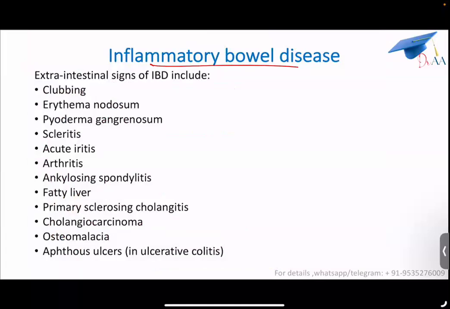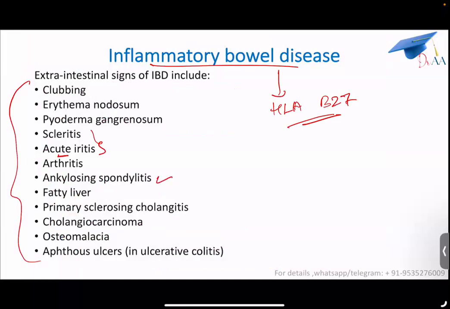Inflammatory bowel disease is associated with HLA-B27. It is a group of disorders. So inflammatory bowel disease can be associated with extraintestinal signs or HLA-B27 related diseases. Especially what you need to remember is the eyes, that is scleritis and uveitis, also known as acute iritis, and ankylosing spondylitis. These are the commonest they present with.